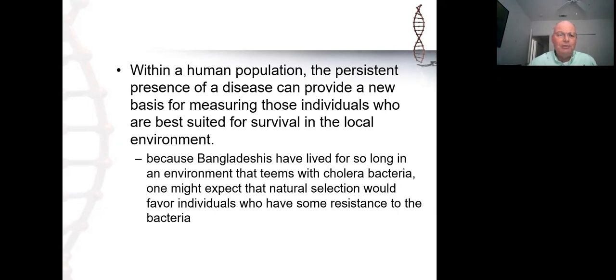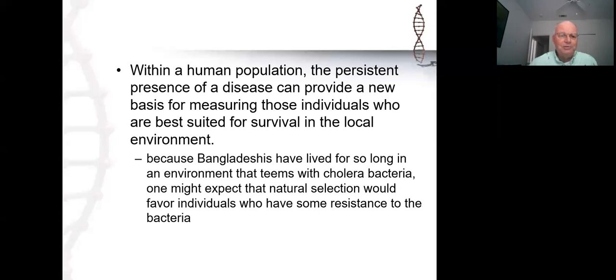So long as the bacterium remains virulent and can be deadly, and there is no mutation that provides a resistance to the bacterium, then the bacterium remains a virulent, deadly bacterium.